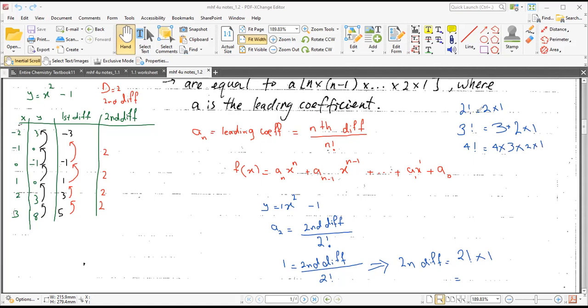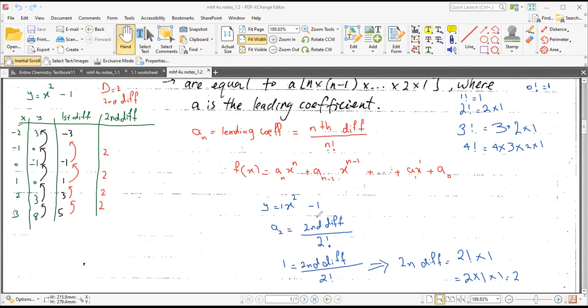This is the meaning of the factorial. 1 factorial is just 1. Make sure you understand 0 factorial is an exception. Don't say this is 0, remember 0 factorial is 1. Anyway, 2 factorial is 2 multiplied by 1, and here is 1. So the answer is 2. See, my second difference here is 2. I got that right.